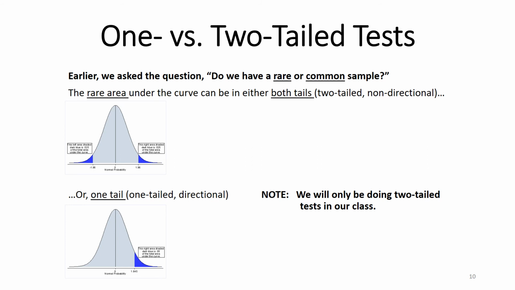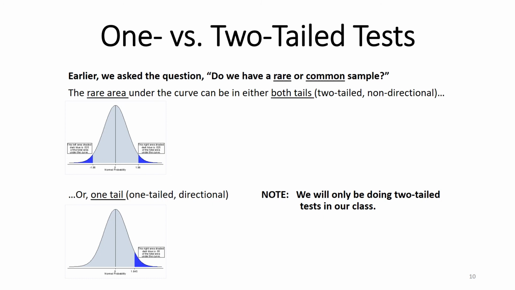Two-tailed tests are also known as non-directional tests or two-sided tests. The idea here, when it comes down to the reality of these, is trying to determine where we put the rare areas. So let's look at our top distribution on this slide.